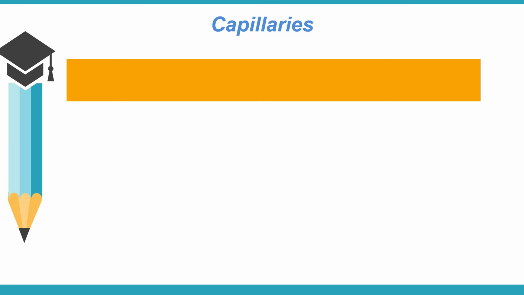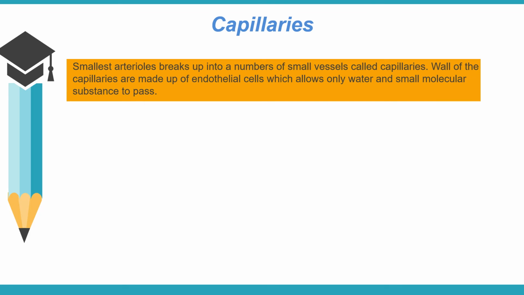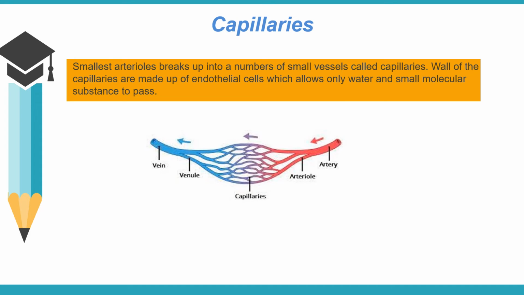Next are the capillaries. What are the capillaries? The smallest arterioles break up into a number of tiny vessels called the capillaries. The wall of the capillaries is very thin and is made up of endothelial cells through which only water and small molecular substances can pass.